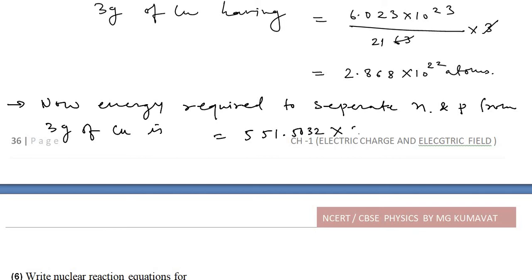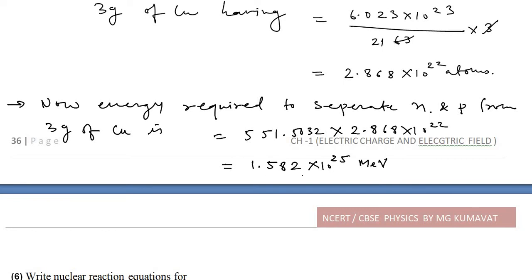Multiply by the total number of atoms, 2.868 multiplied by 10 to the power 22. After multiplying we get the total energy equal to 1.582 multiplied by 10 to the power 25 million electron volt.